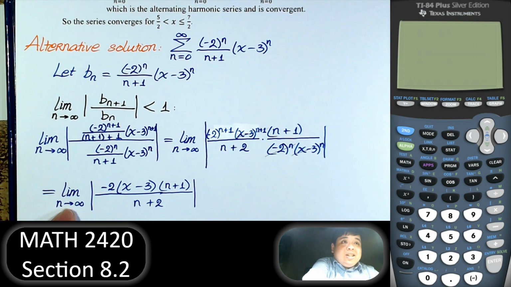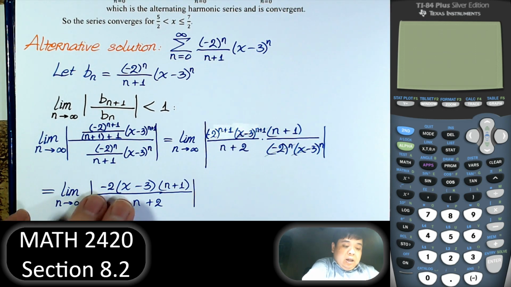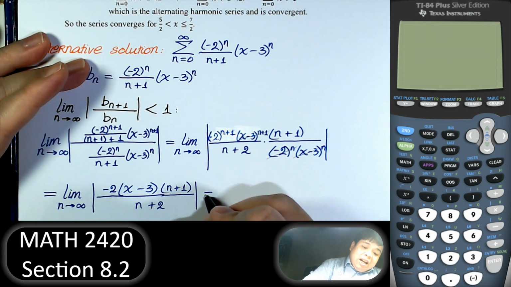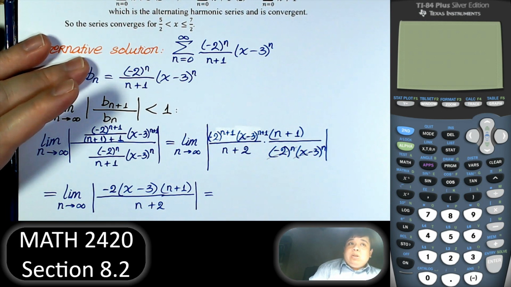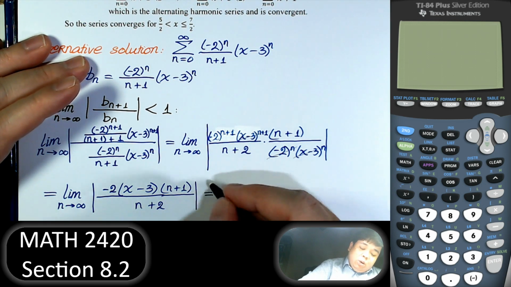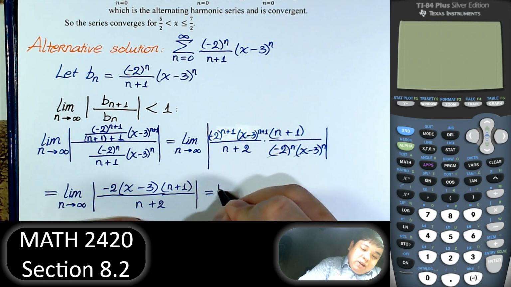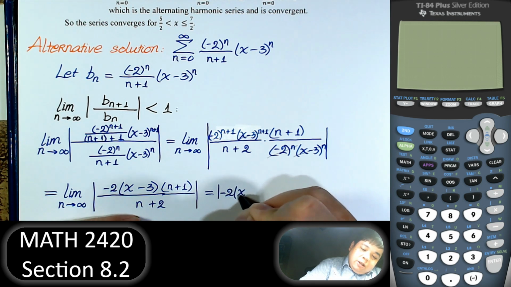What's next is that this is the limit as n goes to infinity. We can take anything that is not n outside of the limit. Not only that, outside the limit, outside the absolute values. We cannot just take anything outside absolute values, it could be negative. Just to guarantee that, we're going to put absolute values of negative 2 times x minus 3.